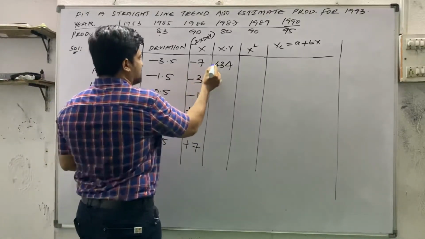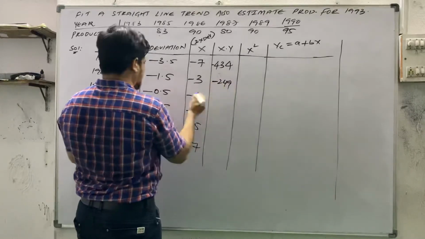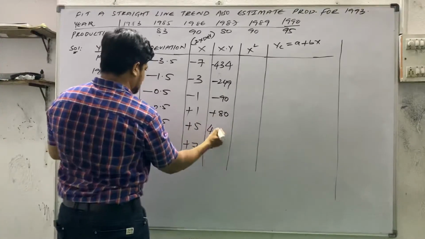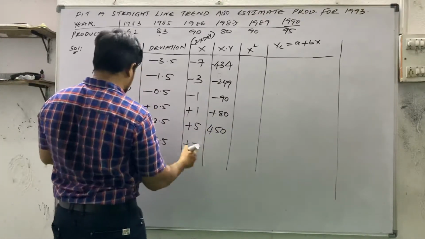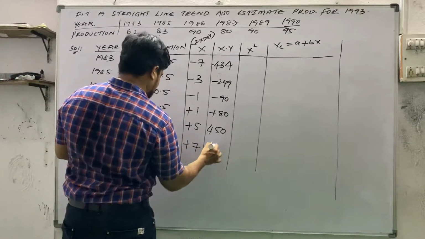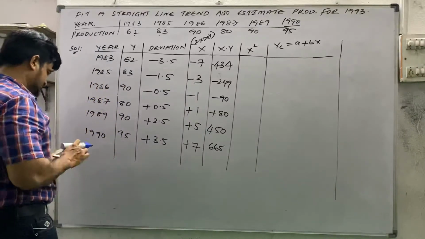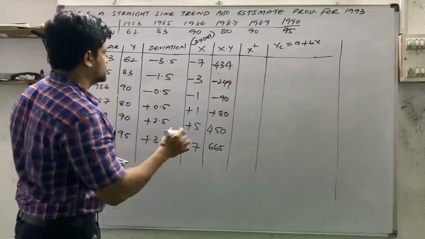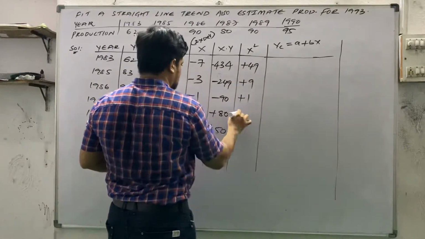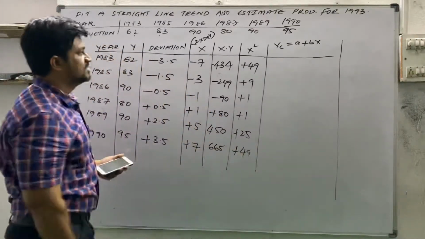Because minus is there, minus, then 83 into 3 is 249, 90 into 1, 90. 80 into 1 is 80, 450, 665. X square: 49, all are positive in a square, then 1, then 1, then 25, then 49, the square of this.